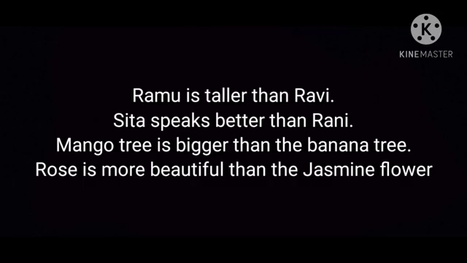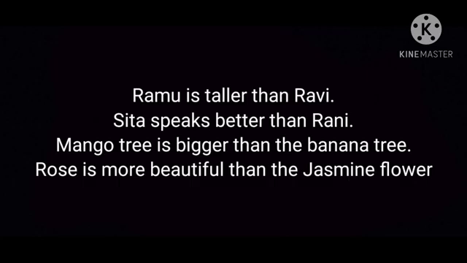Now if you observe the last one: rose is more beautiful than the jasmine flower. So for beautiful we can't use beautifuler or beautifulest. We use more and most in front of the adjectives to compare the things which don't have er and est. So rose is more beautiful than.